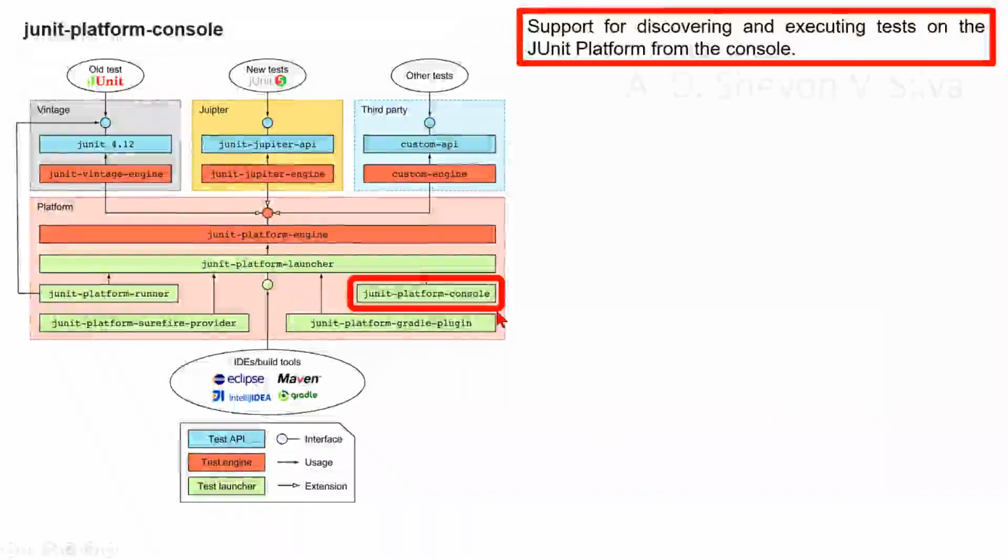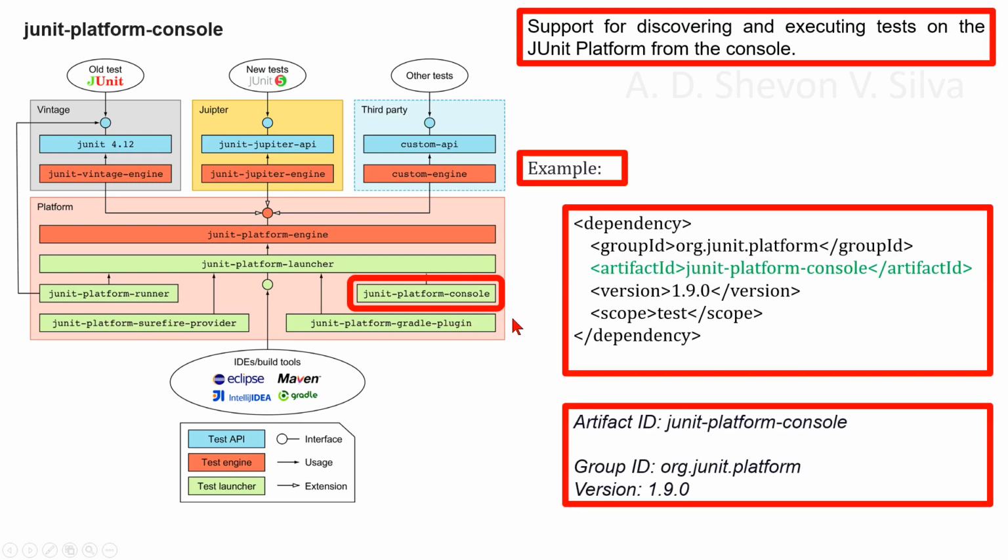Platform console: support for discovering and executing tests on the JUnit platform from the console. Here you can see the artifact JUnit platform console, the group ID org.junit.platform.